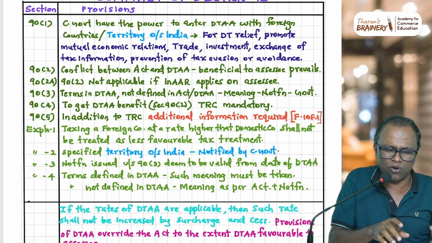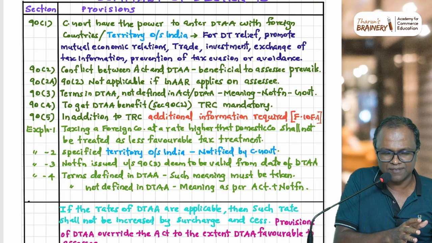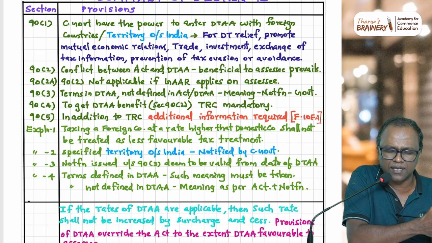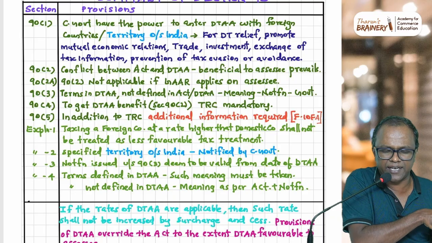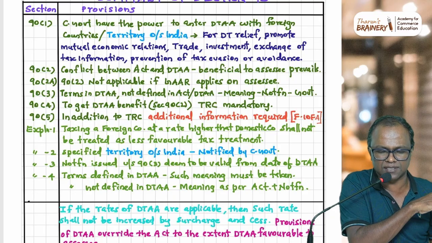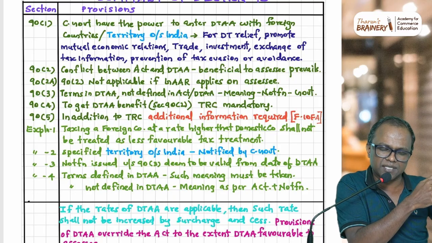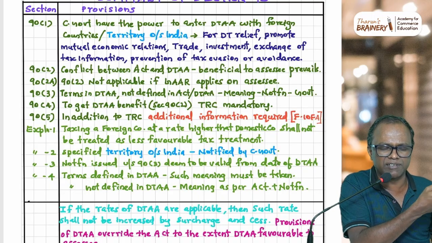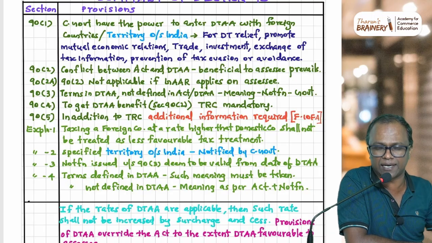Both the states means the contracting state and the other state. That means the signatories of that agreement. So if there is an agreement between India and Mauritius, for an Indian resident, India is the contracting state and Mauritius is the other state. If the other person is resident in Mauritius, then Mauritius is his contracting state and India is the other state. So likewise, in both states, persons will get the benefit. That is why it is known as bilateral relief.